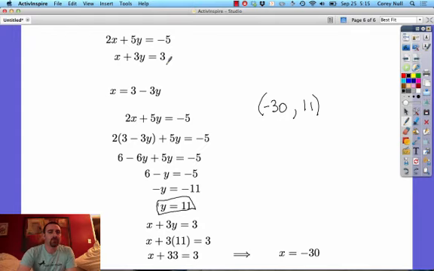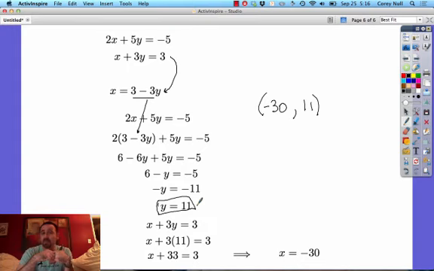Here, first of all, I have to do some algebra to solve for a variable. Then I have to take that information and plug it back into the first equation. Then it's going to require some algebra: distribution, combining like terms, moving things around, multiplying by a negative 1. Boom. And remember, once I get one variable, the amount of work is exactly identical no matter which method you're using.